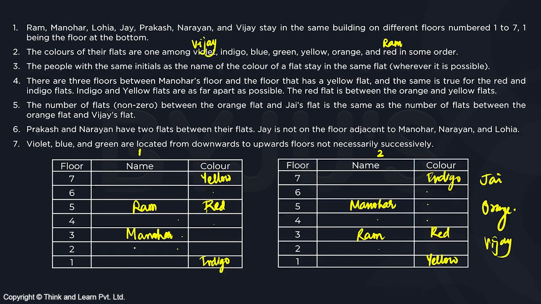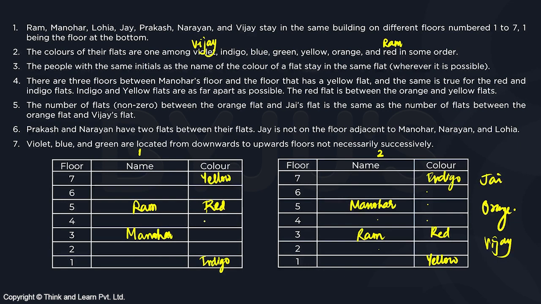So if orange is going to be at the second floor, let's start from the bottom. So if it is on the second floor, so either Jay or Vijay is going to be on the first floor, so that will make it consecutive, right? Next is if I take orange to be on the third floor, so let's say Jay or Vijay is on the first floor, so there is a gap of 1. So that gap of 1 cannot be carried over to fifth floor, right? Because that place is already filled. I cannot have Jay or Vijay at the fifth floor. So we can't have orange colored flat on the third floor, right?